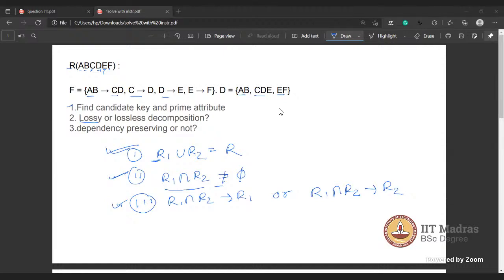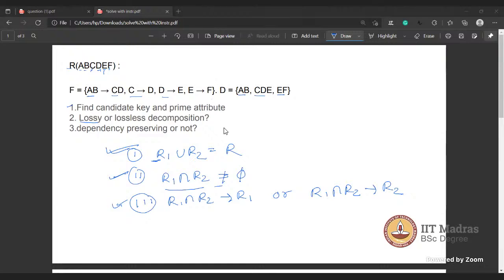See here, whatever we considered as R12 was for the first condition only. For the second condition, you cannot consider R12, because there is no common attribute between R1 and R2, right? Sir, the first condition is satisfied based on R1 union R2 union R3.